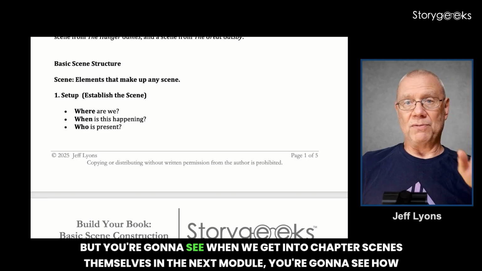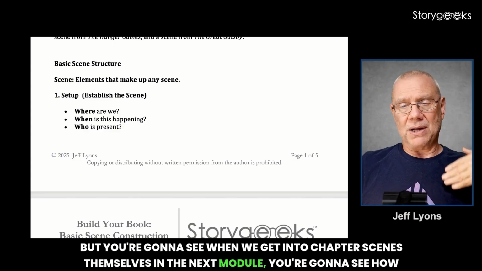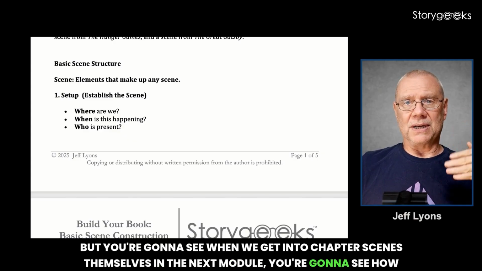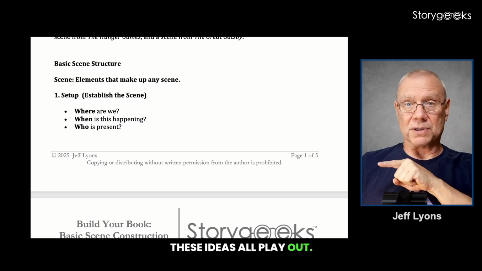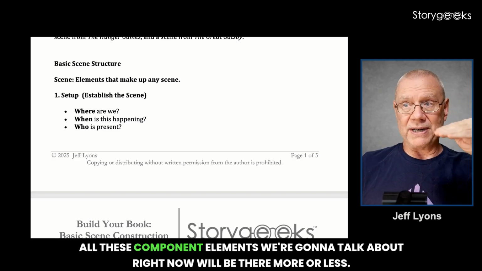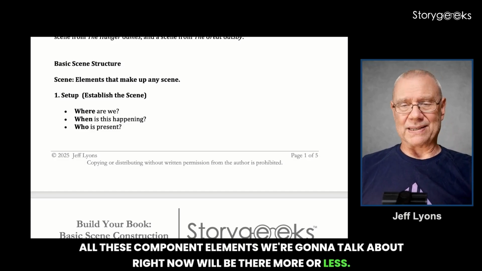But you're going to see when we get into chapter scenes themselves in the next module, you're going to see how these ideas all play out. All these component elements we're going to talk about right now will be there, more or less.